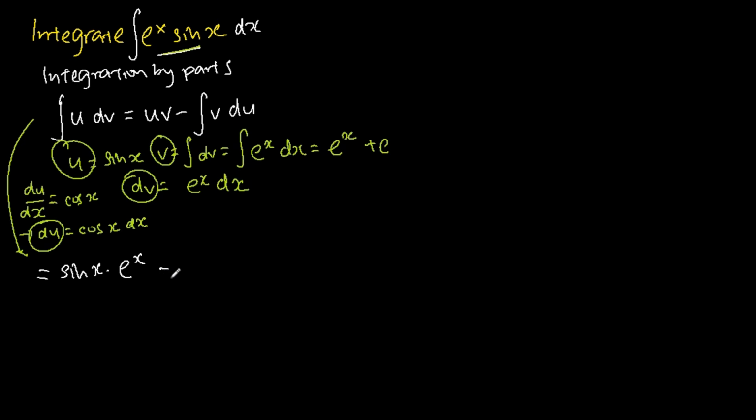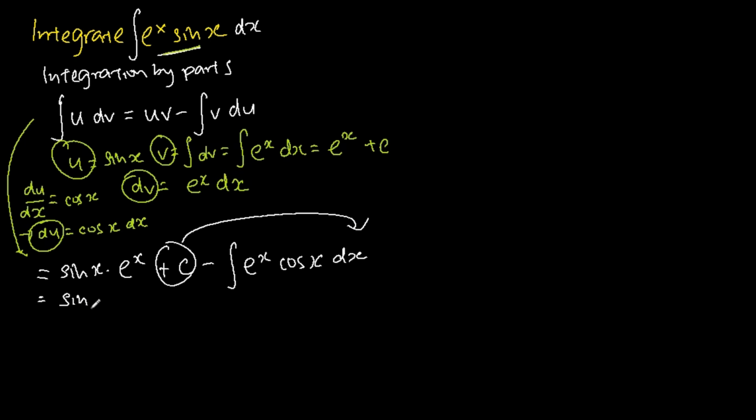Of course, we have a plus c behind. And then minus the integral of v, which is e to the power x, du is cosine x dx. So this plus c you can actually bring over behind. So we get sine x times e to the power x, subtracting away the integral of e to the power x cosine x dx plus c.